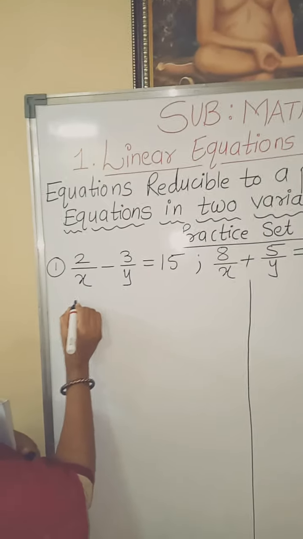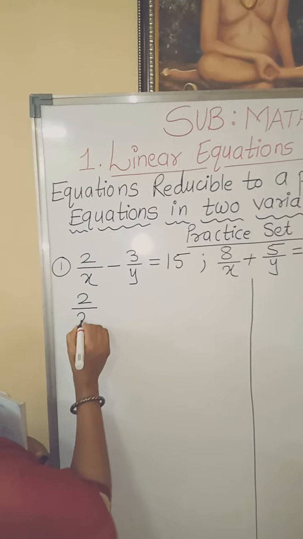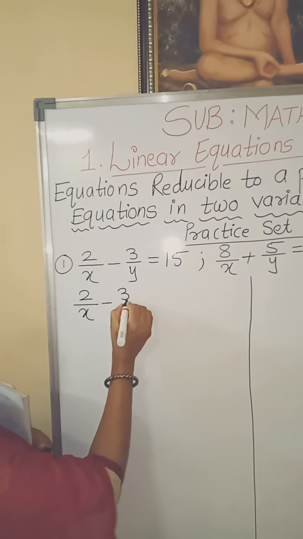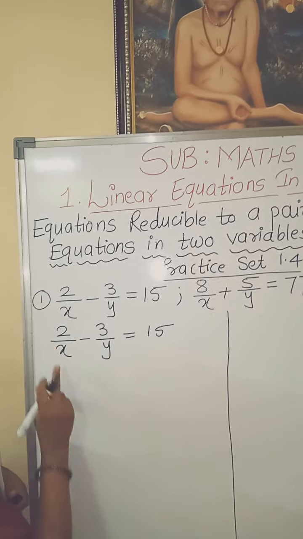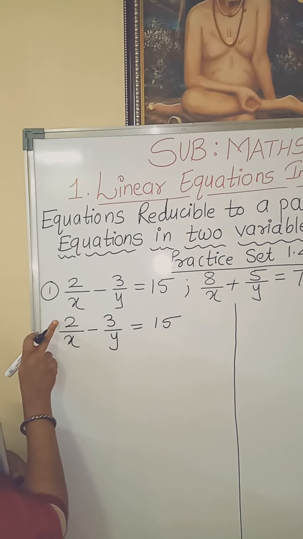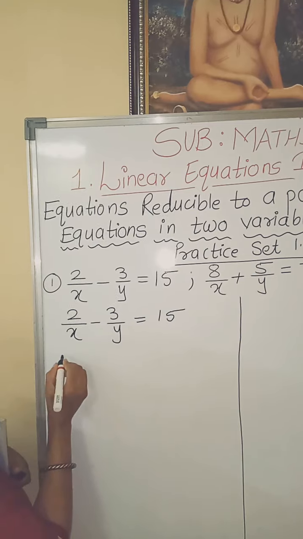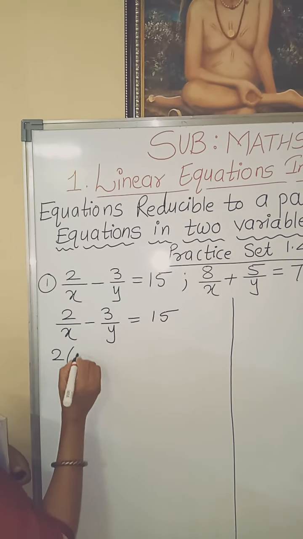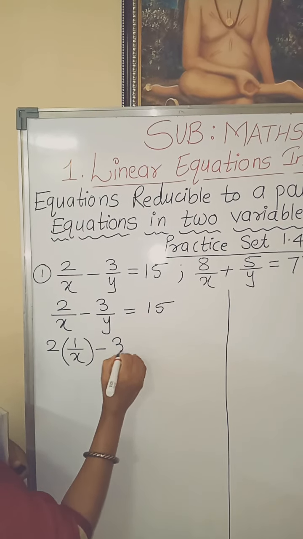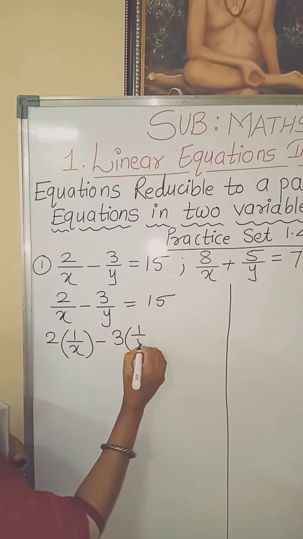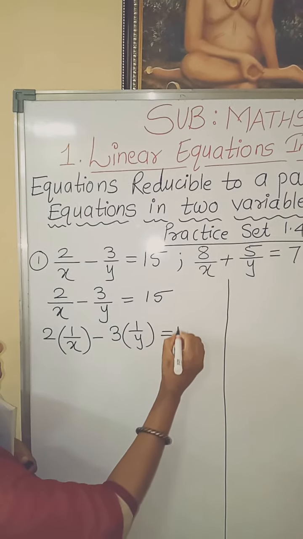We will take the first equation, 2 upon x minus 3 upon y equal to 50. We will separate the coefficient and variable: 2 into 1 upon x minus 3 into 1 upon y equal to 50.